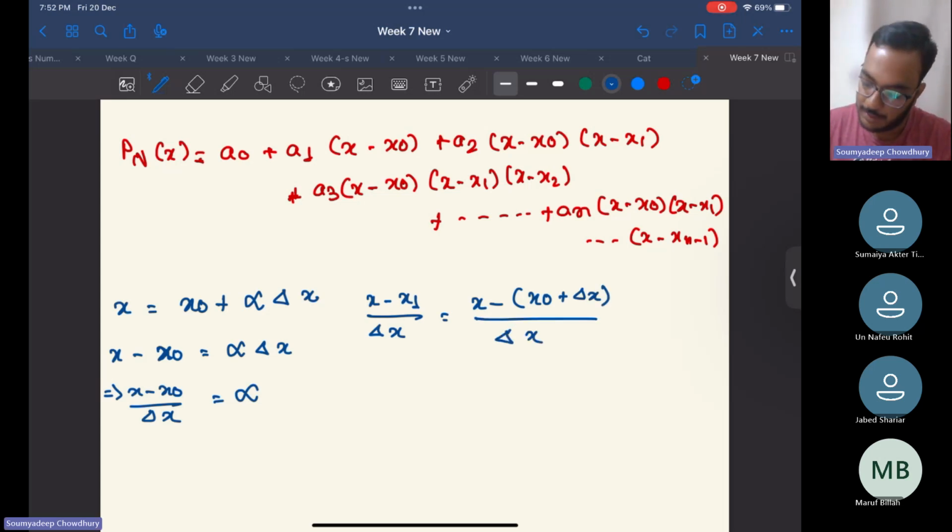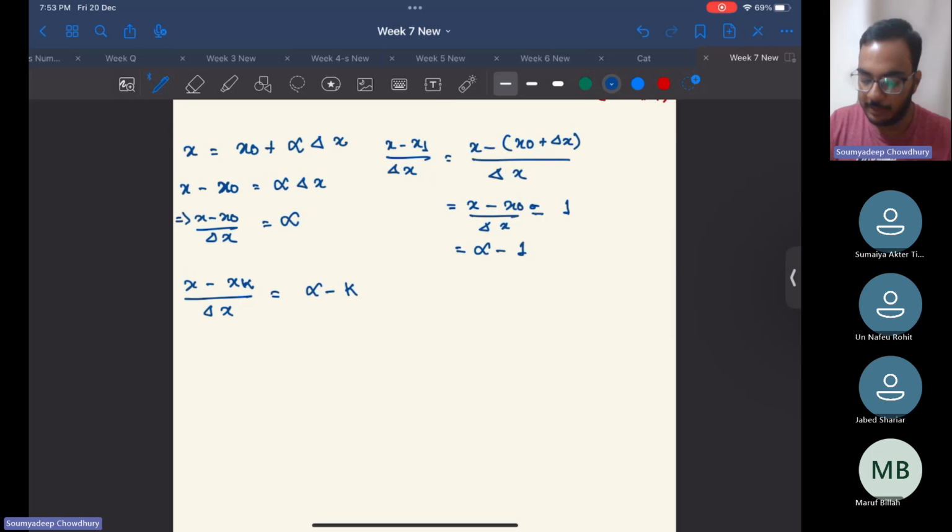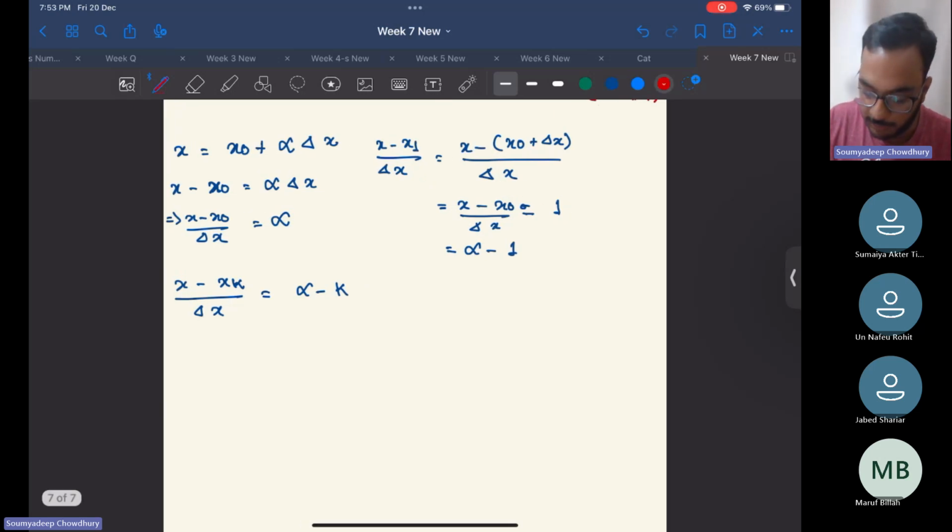So it is basically x minus x naught upon delta x minus 1, and x minus x naught upon delta x is alpha, so it is alpha minus 1. Similarly, x minus xk upon delta x will be alpha minus k. So we do this simple variable transformation and then substitute it. So what is Pn of x?